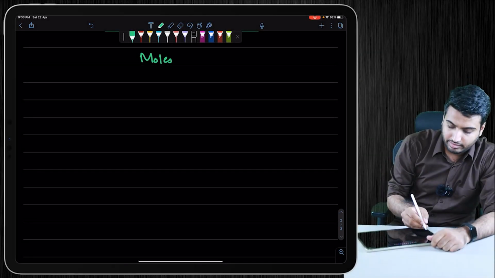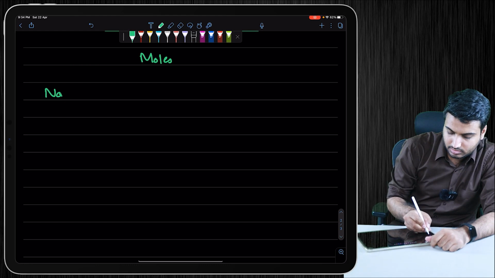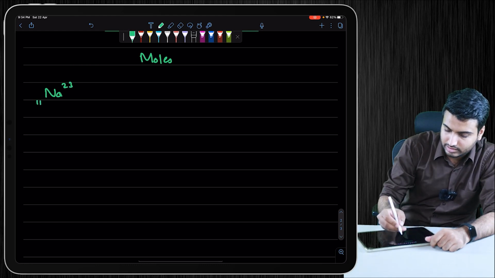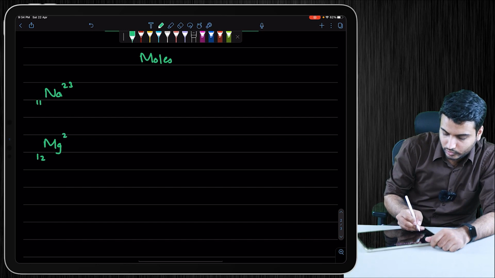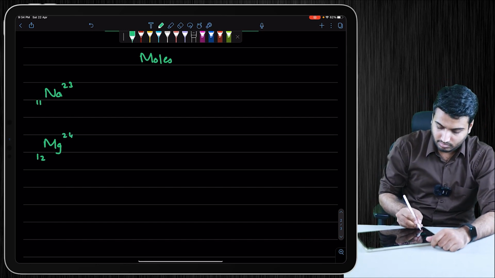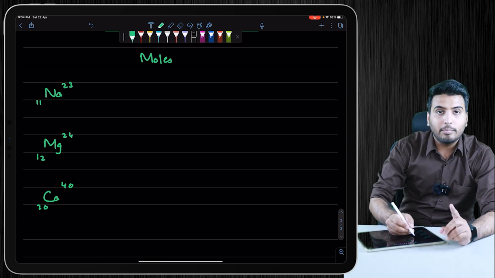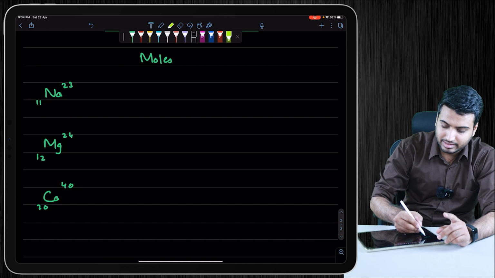Moles. For example, if we have sodium, which is 11 and 23, sodium is 11 and 23, and magnesium is 12 and 24, and calcium is 20 and 40. So atomic mass is the bigger number.